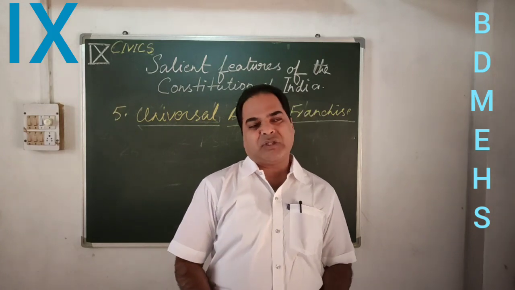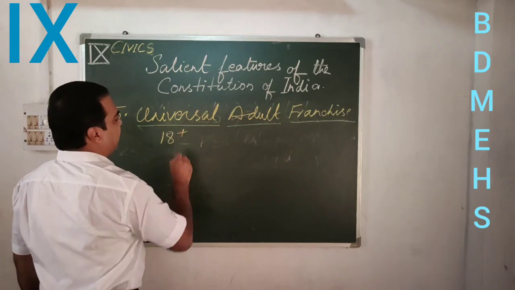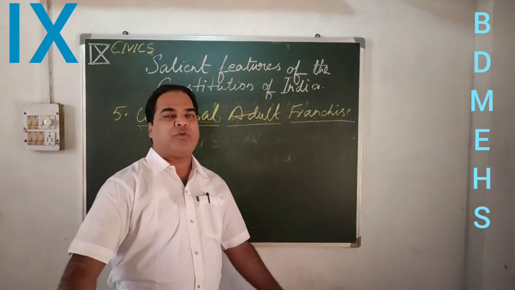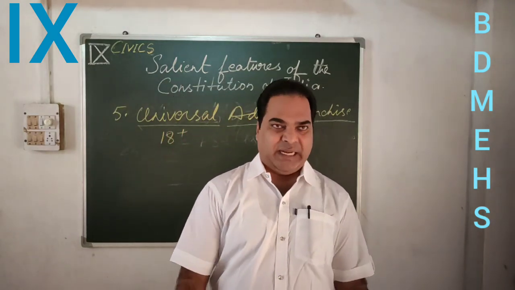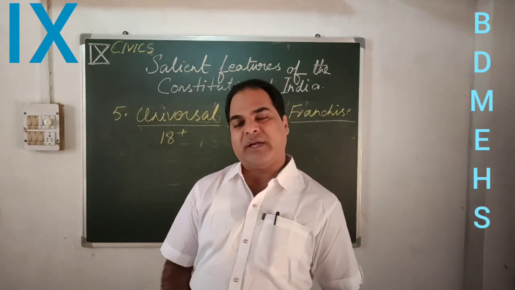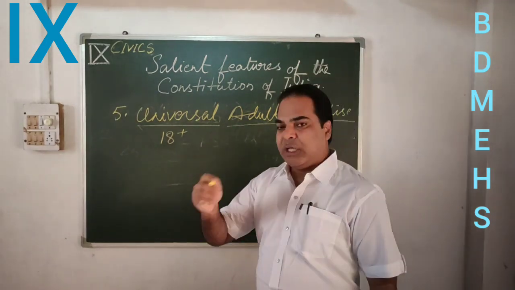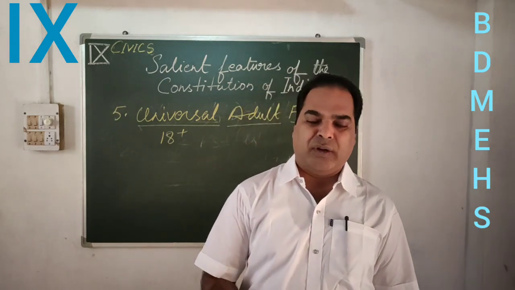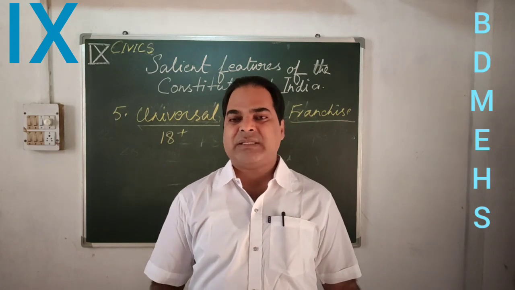So each and every person after attaining the age of 18 plus, they are given the right to vote. Everywhere throughout the world where democratic procedure is followed, a person who becomes 18 is called an adult, and they are given the right to vote. That is, franchise is given to them. So even in our country, whenever elections are held for Lok Sabha or for state assembly or panchayat elections, who is allowed to vote?